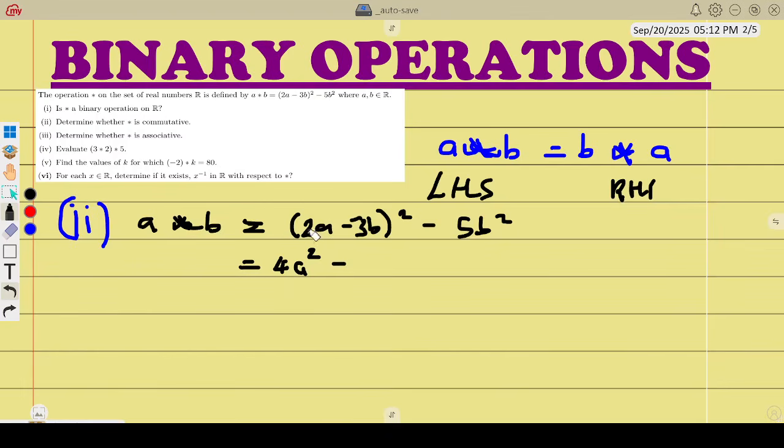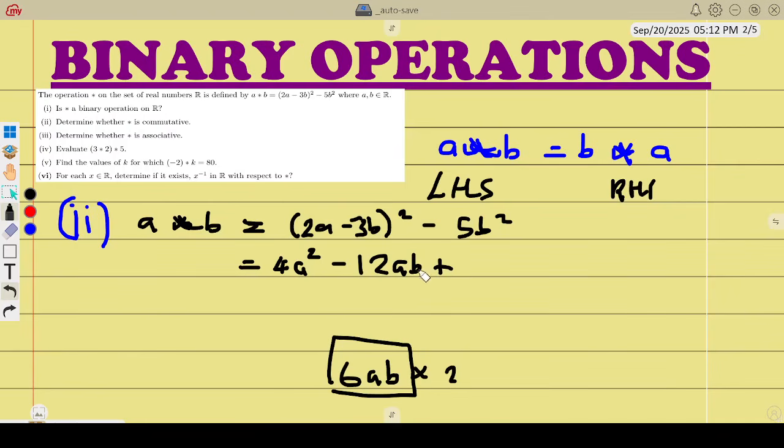Minus, what is 2A times negative 3B? It is 6AB. Since it is to the power 2, we multiply whatever we get by 2. So 6AB times 2 is 12AB.